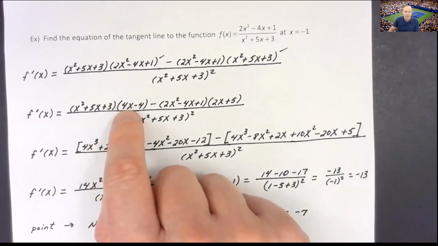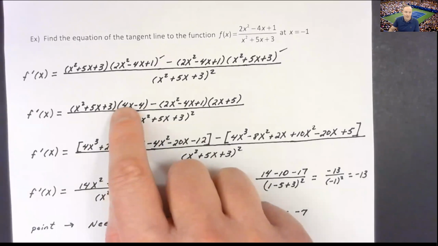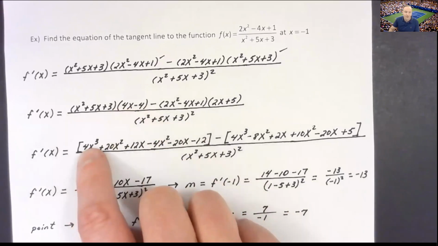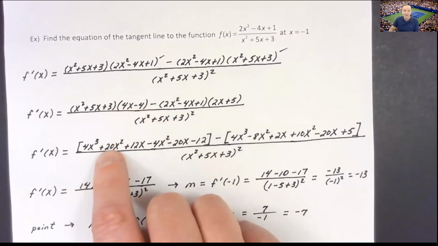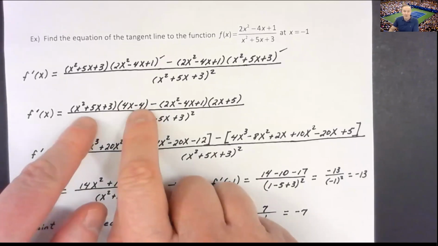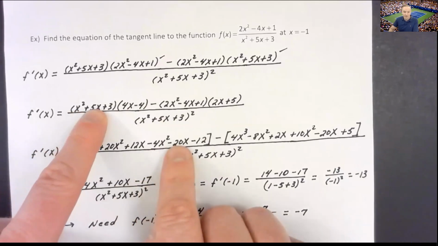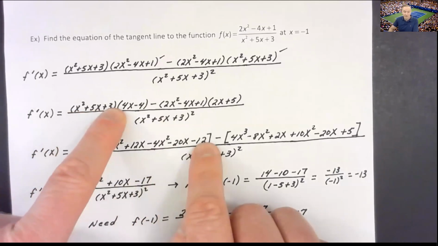Of course I did, because I'm just distributing the 4x. I made a mistake and pointed to that. It's 4x times everything over here. So 4x cubed plus 20x squared plus 12x. Yay, everything's right. And then I distribute the negative 4 through it, minus 4x squared, minus 20x, and minus 12.